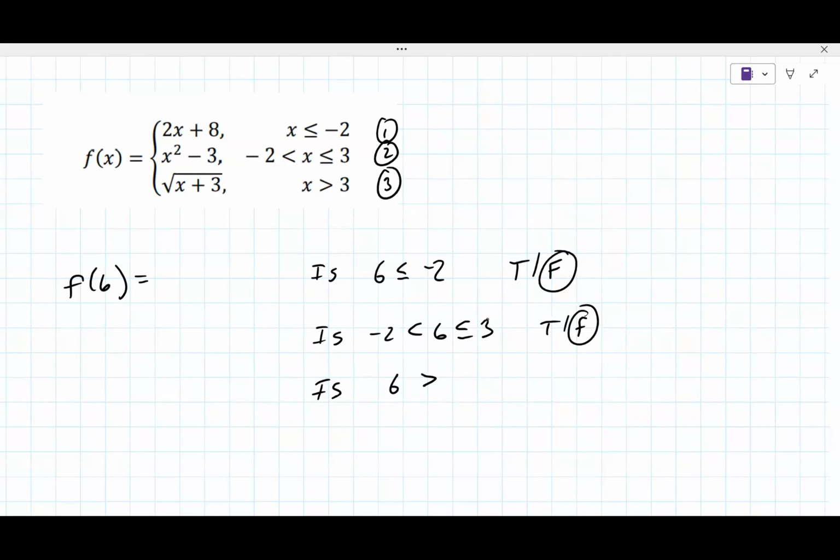Is 6 greater than 3? Yes, it is. Okay. Which piece should you use? The first, the second, or the third piece? Third piece. Okay, so use the third piece to find this number. So use the third piece, please.